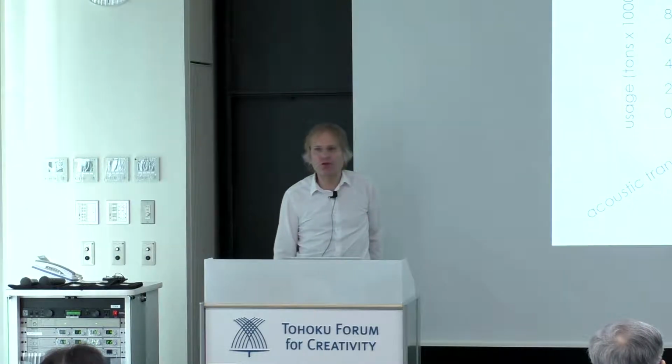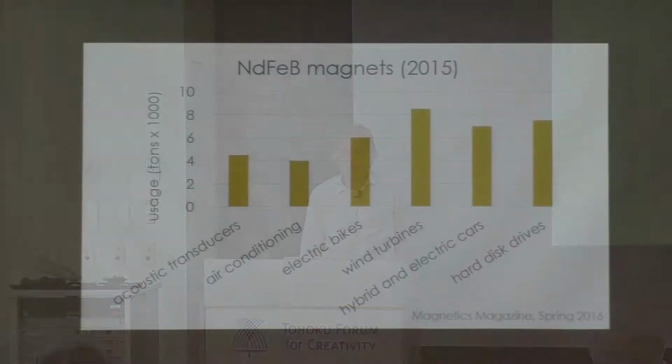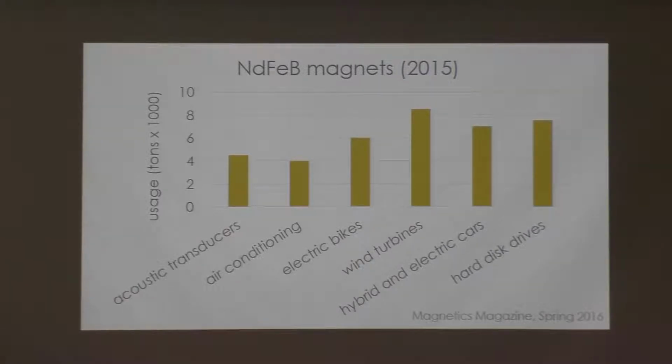So this graph shows you the usage of permanent magnets in the year 2015 in the different fields. The units here are in thousands of tons, and we see that the wind turbines are basically the top usage of permanent magnets.